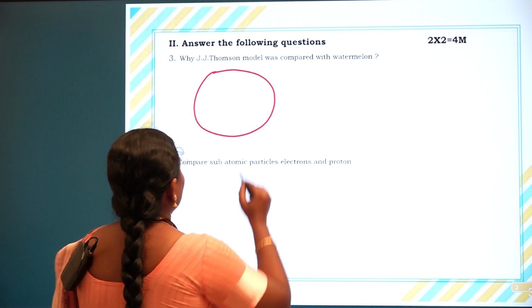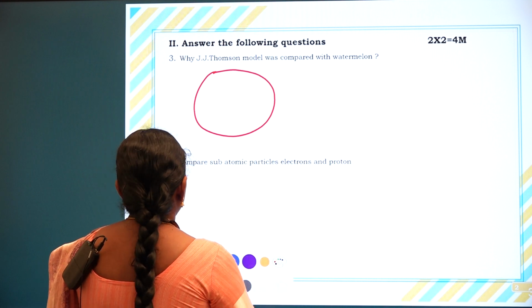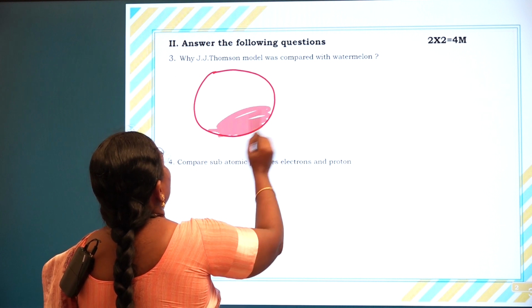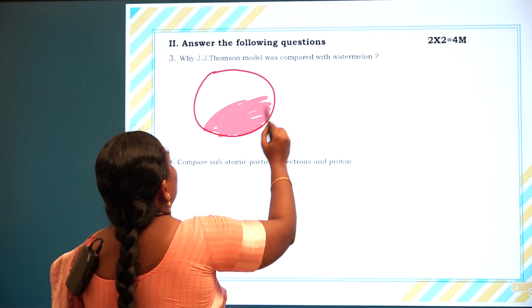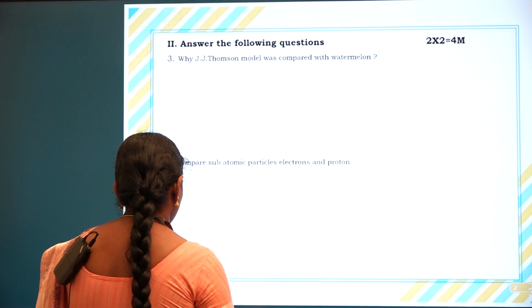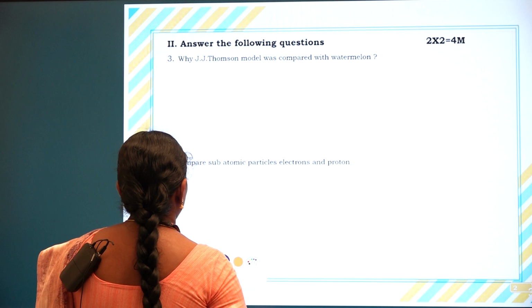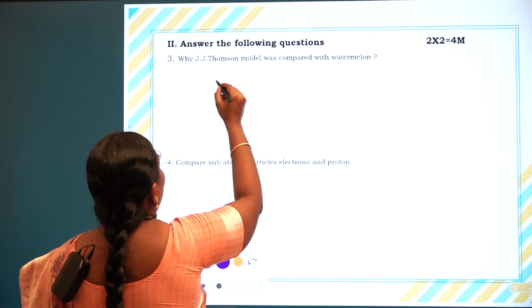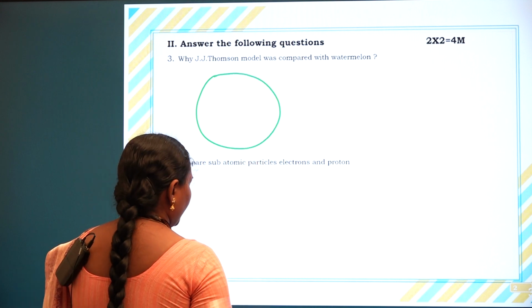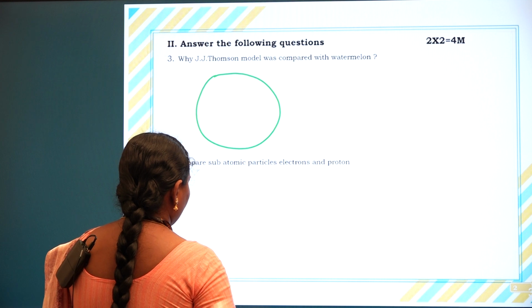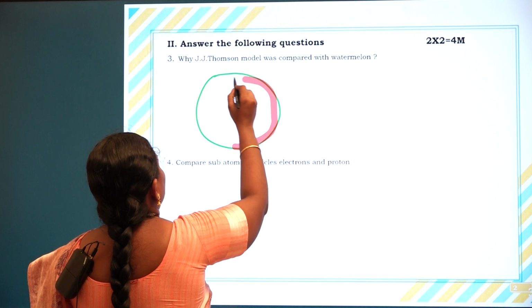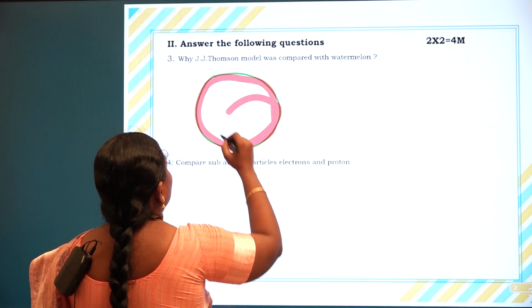And he assumed that the positive mass is like the red fibrous mass of a watermelon. He compared his model with a watermelon.